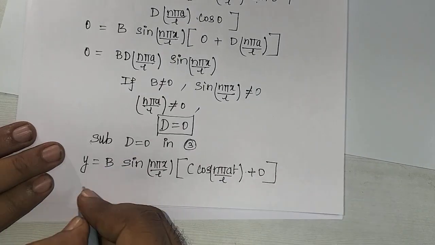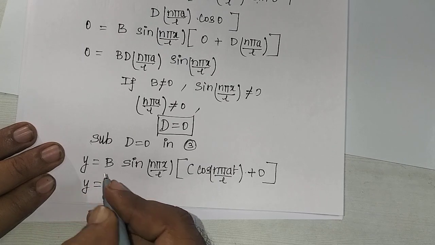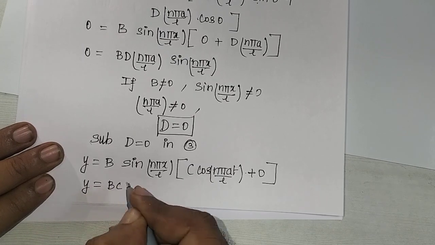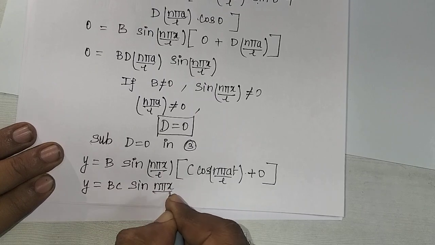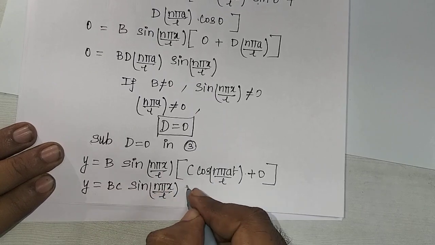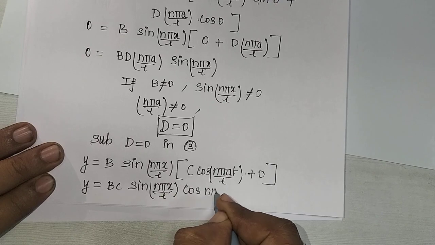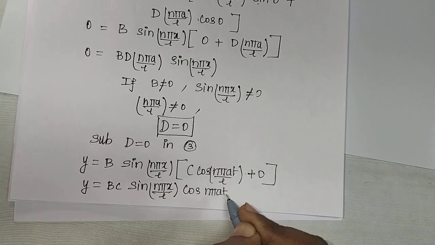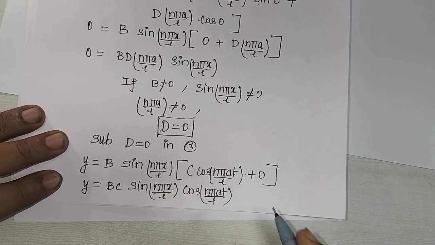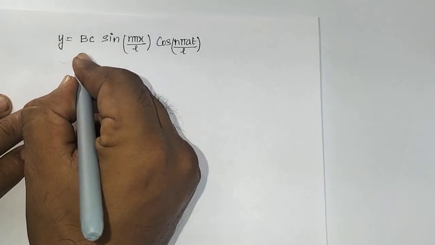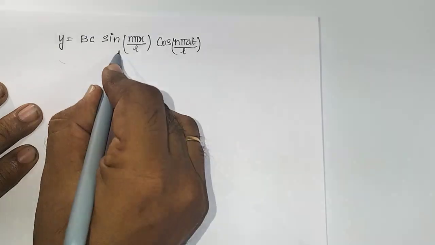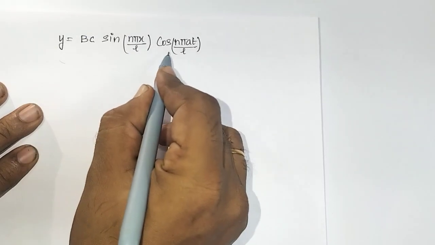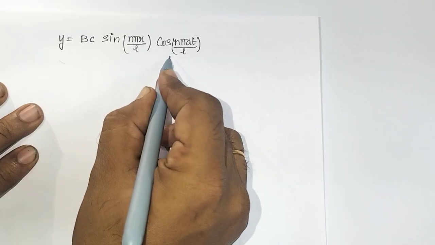Simplify this: y equal to bc sin n pi x by L and cos n pi at by L. When substituting d equal to 0, we get the equation y equal to bc sin n pi x by L cos n pi at by L.